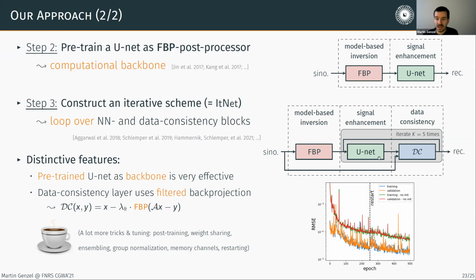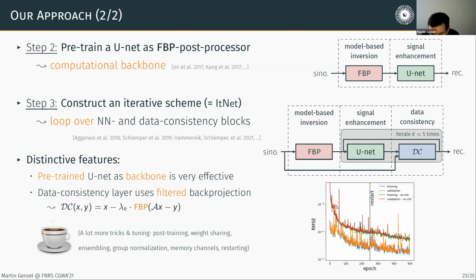It's this loop of data consistency and signal enhancement terms. Why did we do this? Hopefully this becomes clearer with this image. With this good initialization, we use the U-Net weights that we obtained from the first training step as an initialization for this one here. You can clearly see the difference, or what would have happened if we hadn't done this.